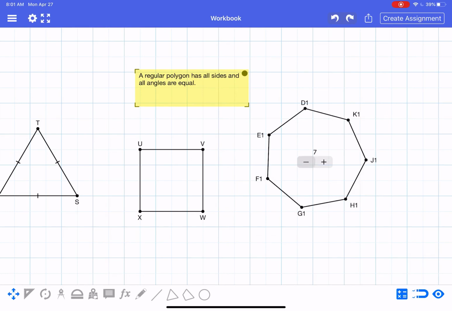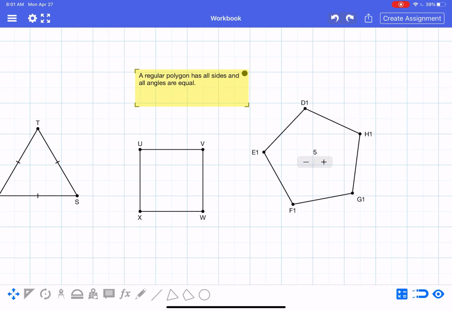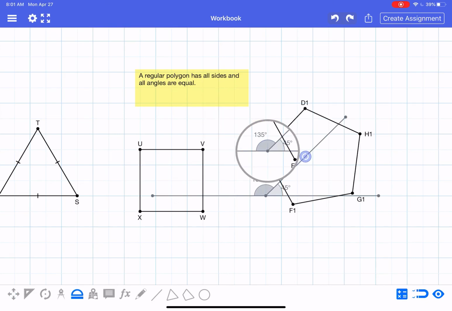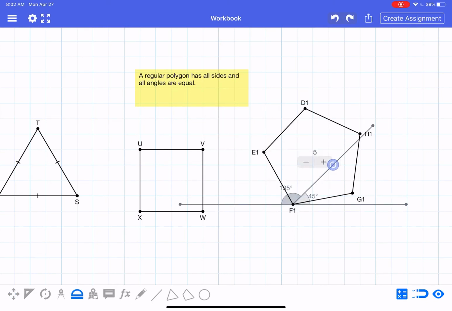So if I go back to maybe just a simple pentagon, the pentagon is a regular polygon because all the sides are equal, and all the angles are equal, right? And I can do the measure just to really push it with you. Hopefully this lines up correctly.